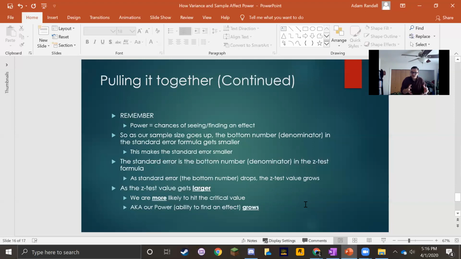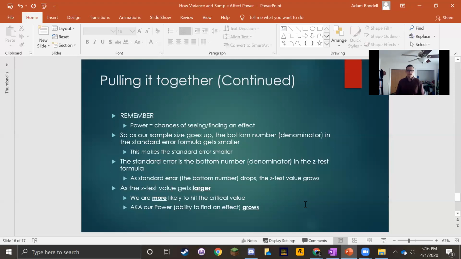As the denominator gets smaller, the quotient, in this case the z-test value, gets bigger. So, bigger sample size, smaller standard error. Smaller standard error, bigger z-test. The bigger the z-test, the greater the chances that we'll meet or exceed some critical value, meaning we have a better chance of finding an effect. Remember, anything that increases our chances of finding an effect increases our power. So greater sample size, greater power.